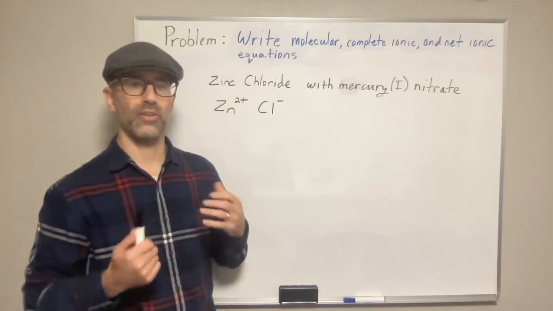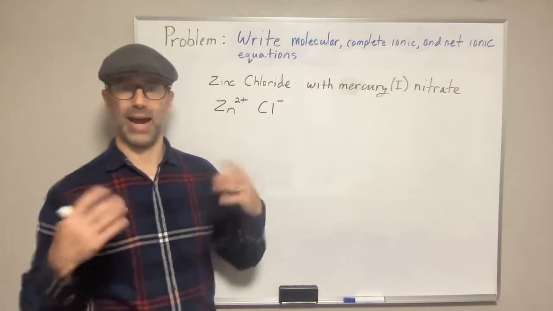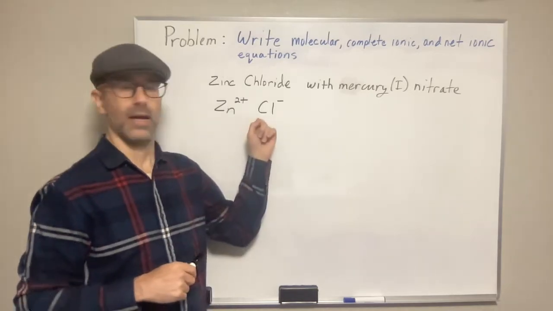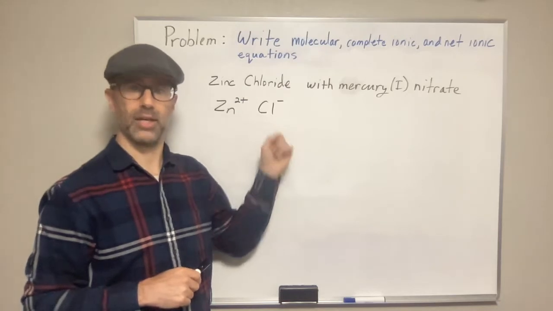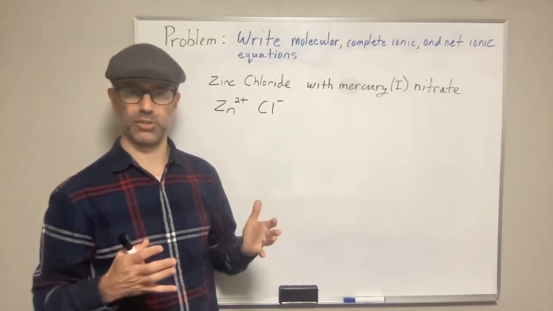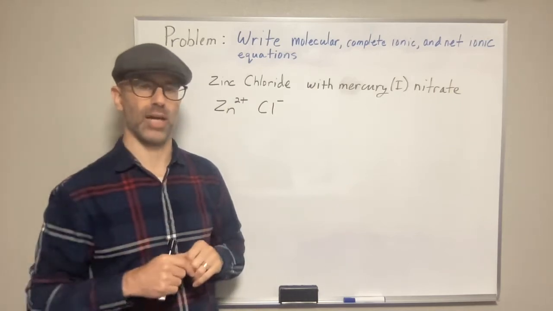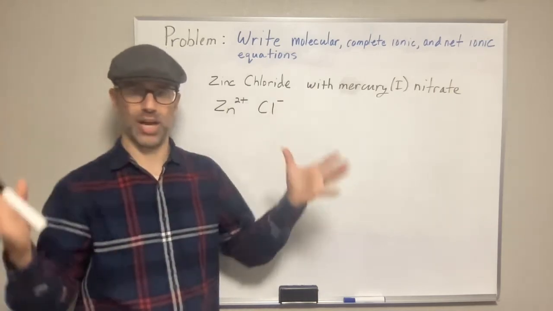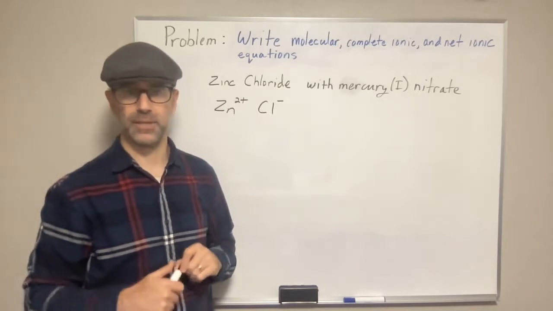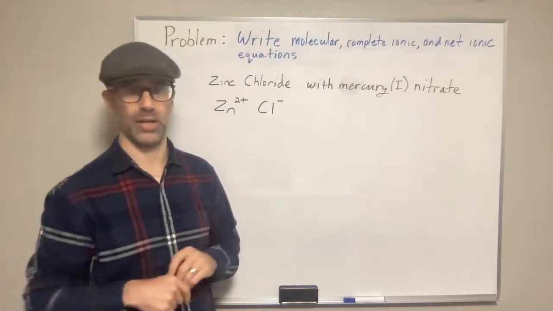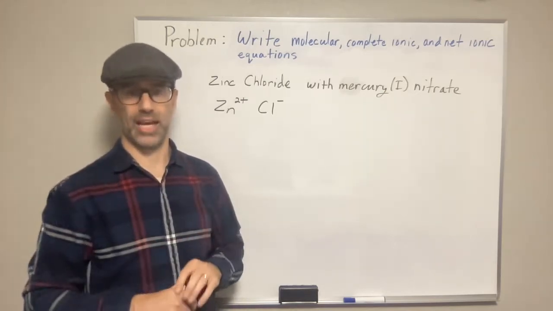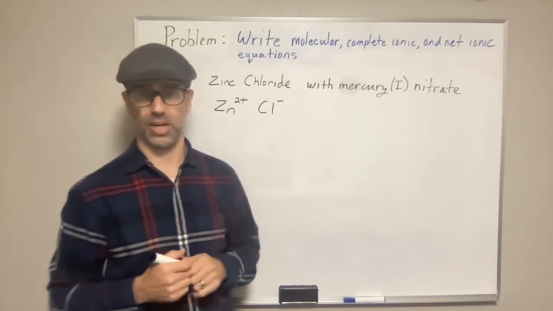What does that mean with regard to that octet, that outer shell? Well, it's typical for chlorine to want to gain another electron because it has 7 valence electrons. It just needs one more electron to get to that complete full outer shell, which is usually 8. And so it'll gain that one electron, and that one negative electron being gained gives it a -1 charge. And so that's another way that you can remember.